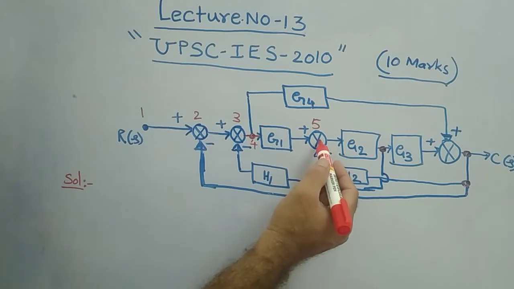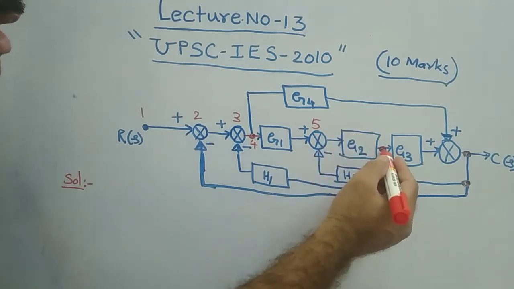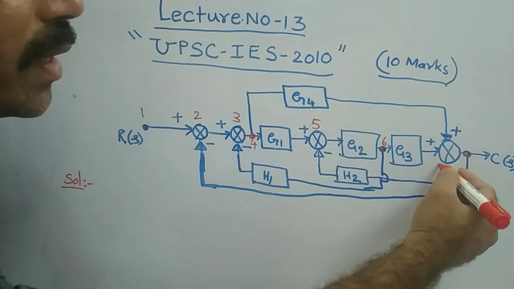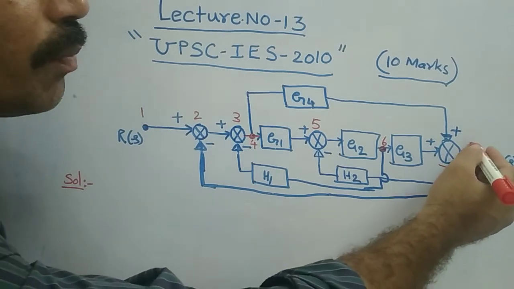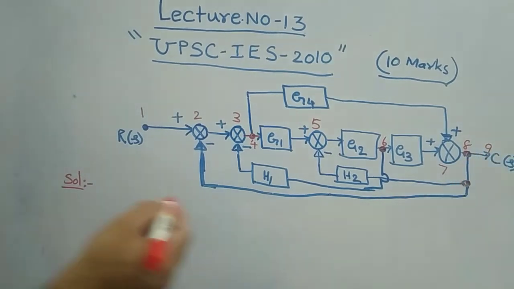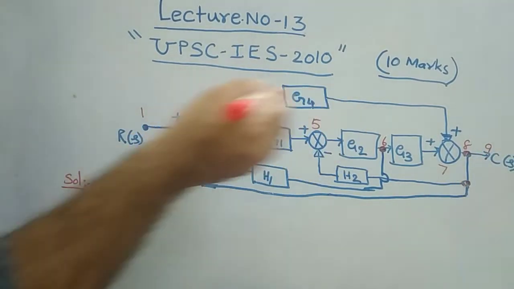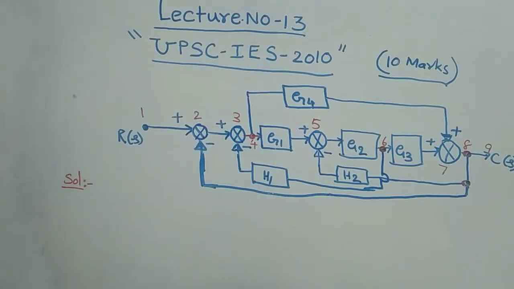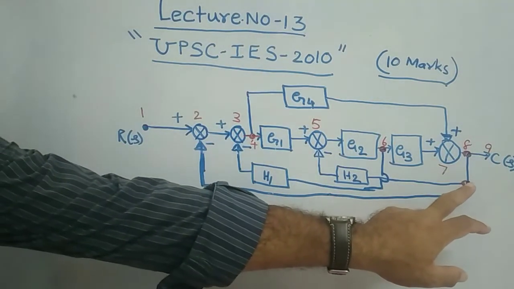Therefore, this is 5, and after that this is the takeoff point. Consider it as node 6, this summing point as 7, this takeoff point as 8, and finally C of S as 9. All these numbers stand for nodes. So how many nodes are there? Not required to consider this, I already told you that.